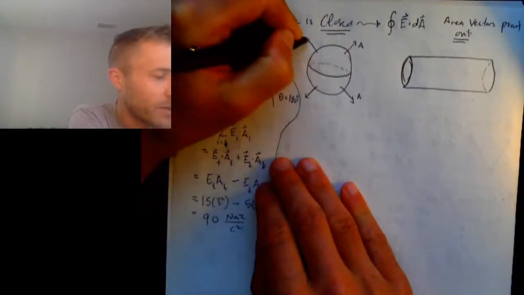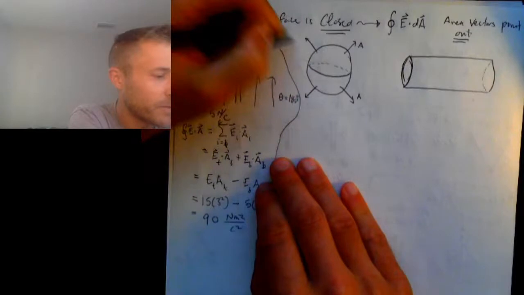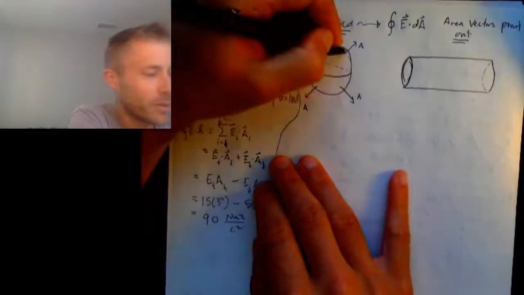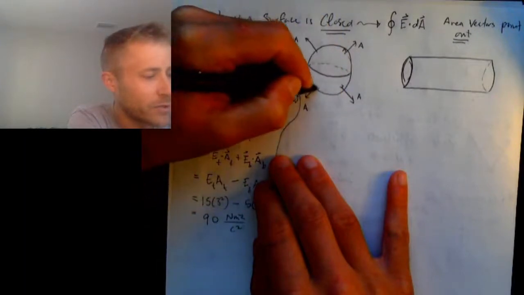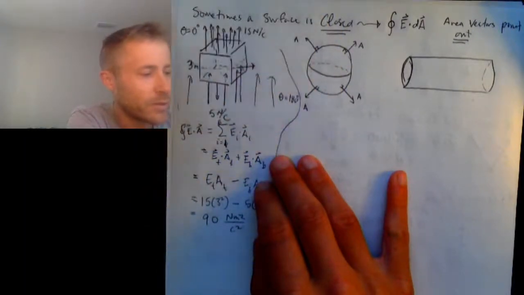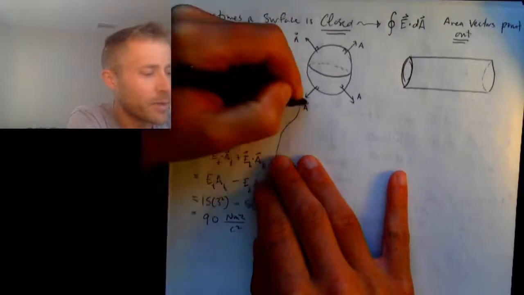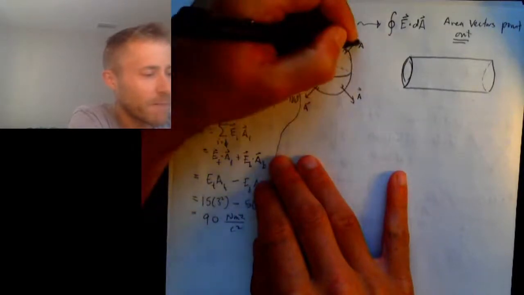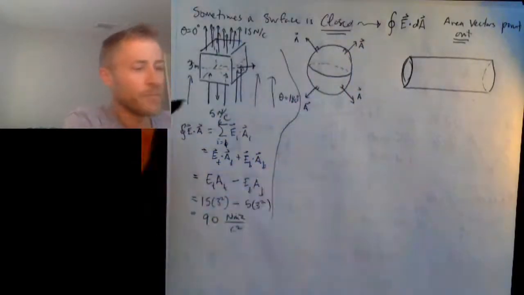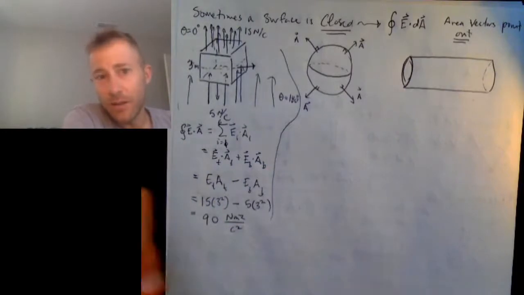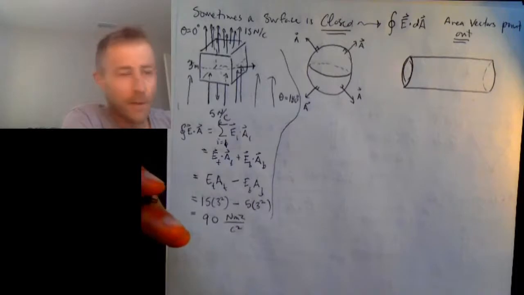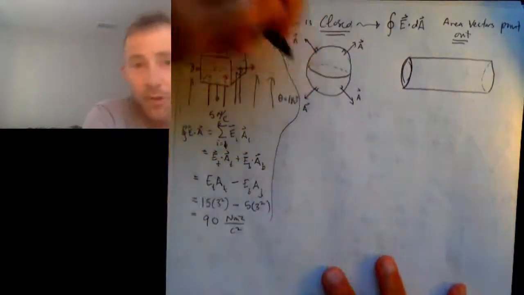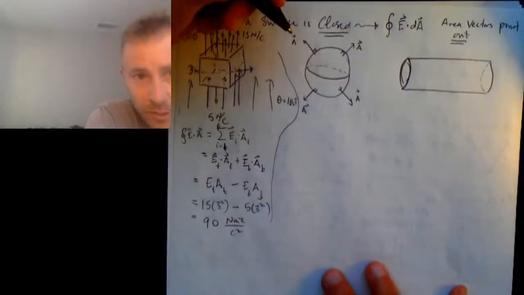So the area vector points perpendicular and out. So it actually changes directions depending on where you are on the surface. Okay. What if we had an electric field that also points perpendicular to the surface and out?